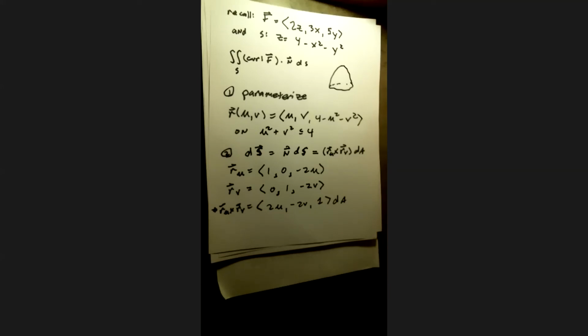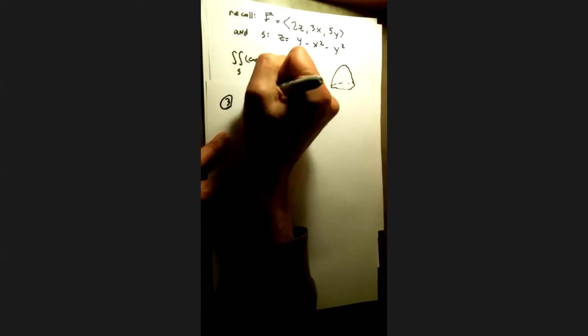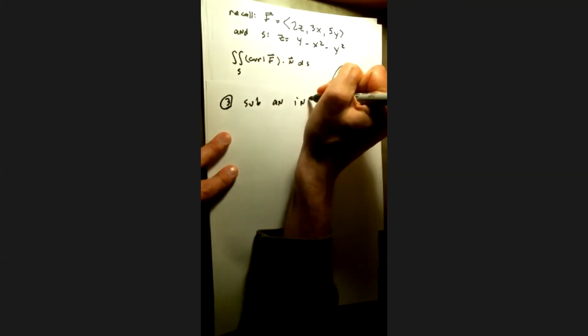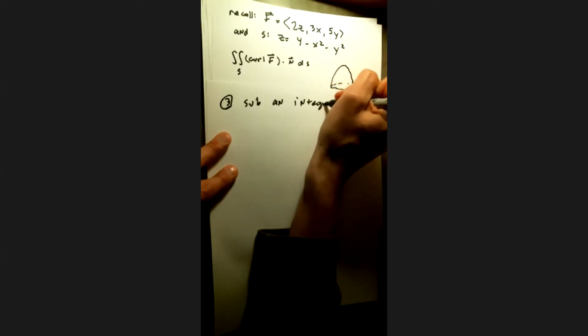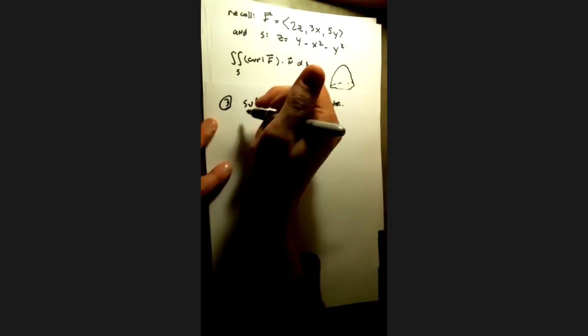Now, we need to find that thing that Damon mentioned a while back next. So what was it that you said we needed, Damon? A 3D curl. We need that curl. So step 3 is going to be to sub and integrate. But before we can do that, we need to find the curl.